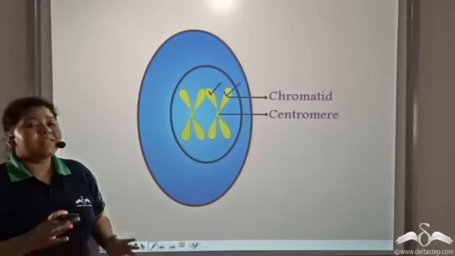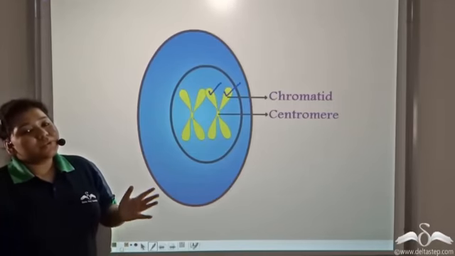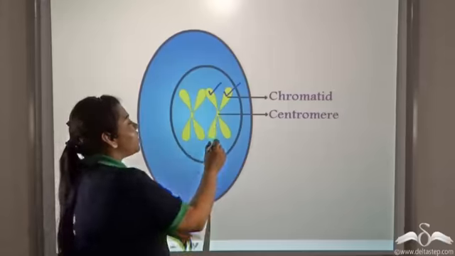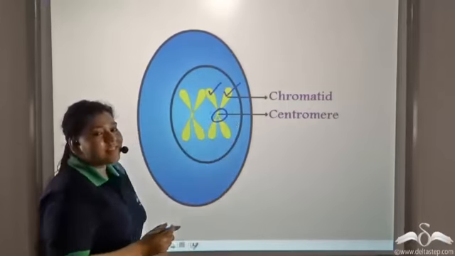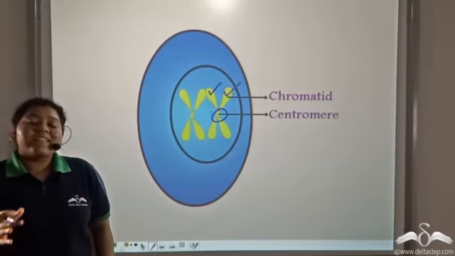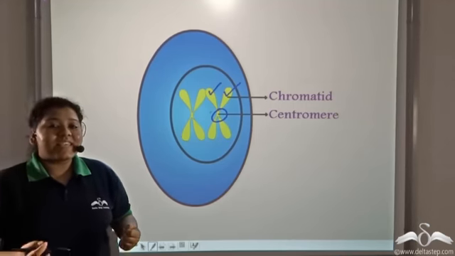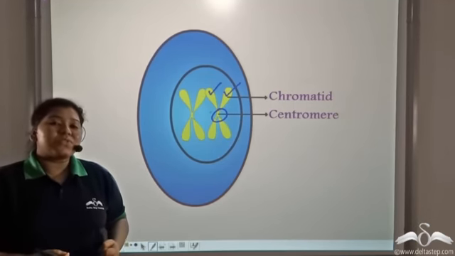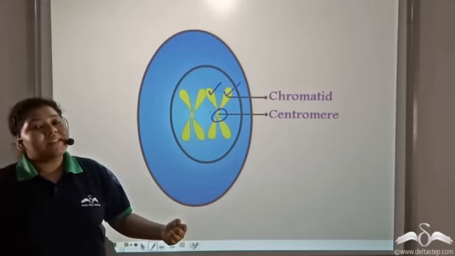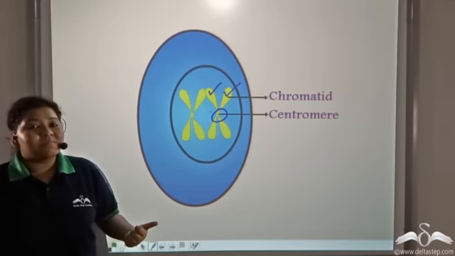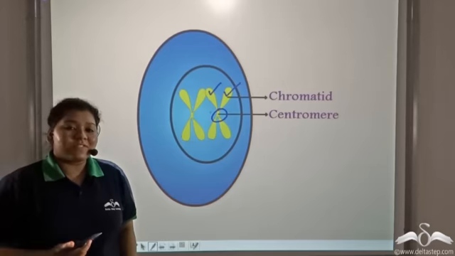So they are known as chromatids, and two chromatids are attached or joined at a junction known as the centromere. It is at this centromere that the spindle fibers given out by centrosomes pull the two identical chromatids towards the opposite poles during metaphase.